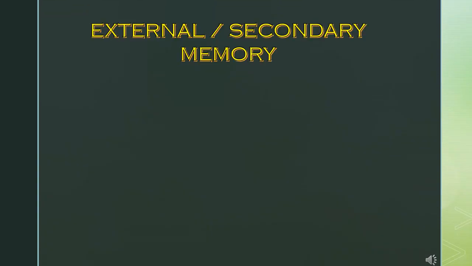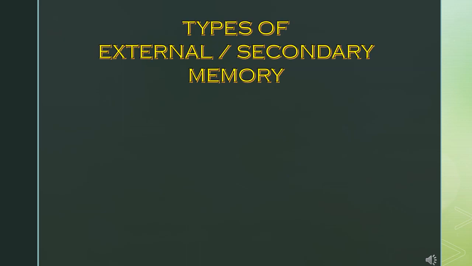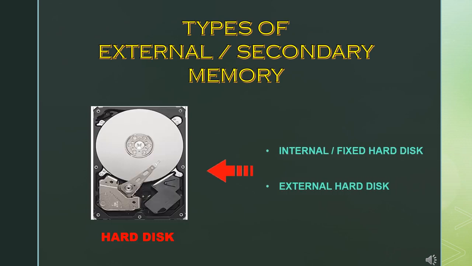The second type of memory is the external or the secondary memory. The files that you save inside this memory are permanent in nature. Now let's see the different types. The first is the hard disk. It is the main storage device of a computer. It is available in two forms: the internal or fixed hard disk, and the external hard disk.